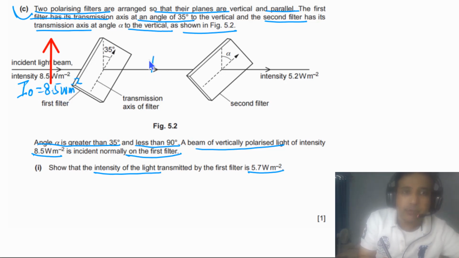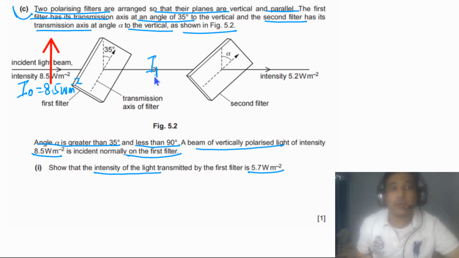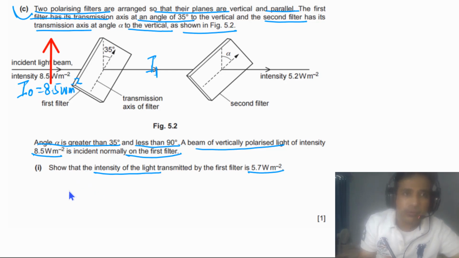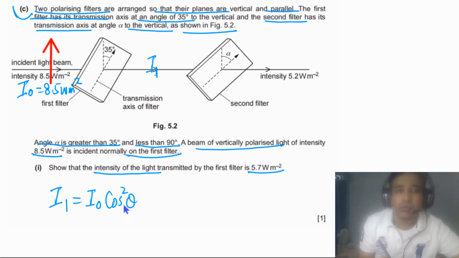And for this question we need to determine the intensity I1, the transmitted intensity. So simply we can write down Malus's law. I transmitted, meaning I1, has to be equal to I naught cosine square theta, and theta is the angle between vertically polarized light and this first filter.